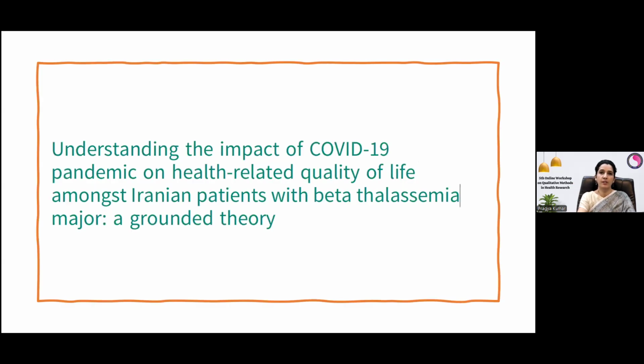So this is one article which we have shared with you: Understanding the impact of the COVID-19 pandemic on health-related quality of life among Iranian patients with beta thalassemia major, a grounded theory. Today's exercise will be that we will share 6 articles with you. Each has a named approach.